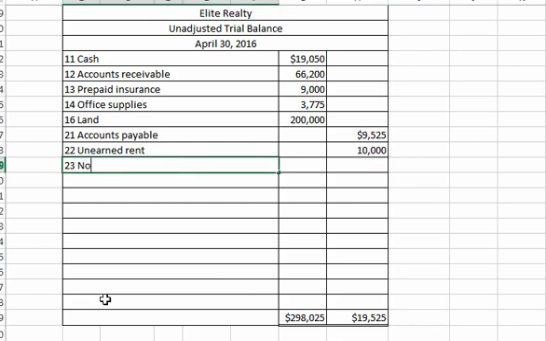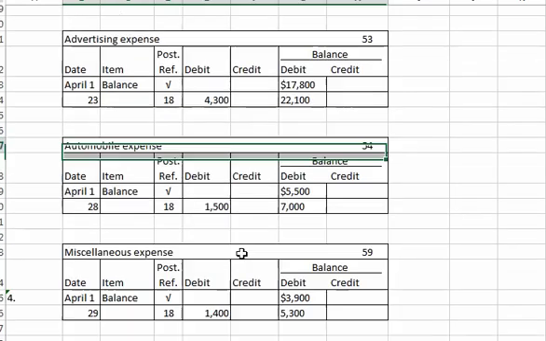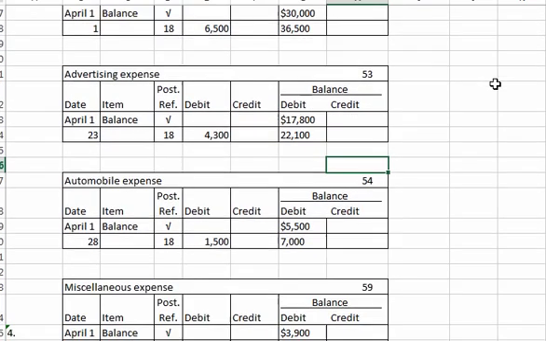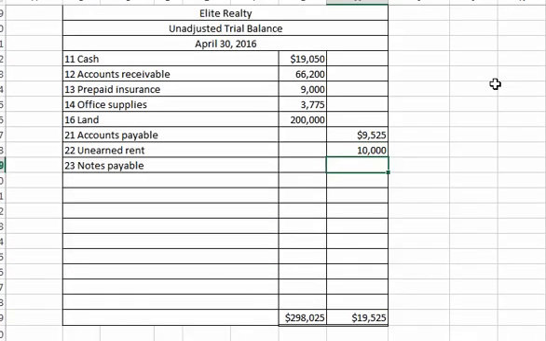Next is notes payable. Account number 23. Credit balance for $170,000. Then we have common stock, account number 31.